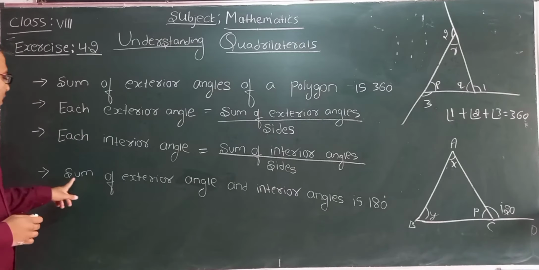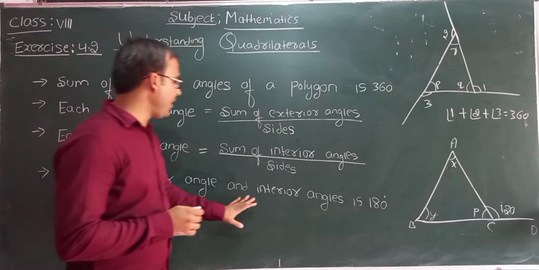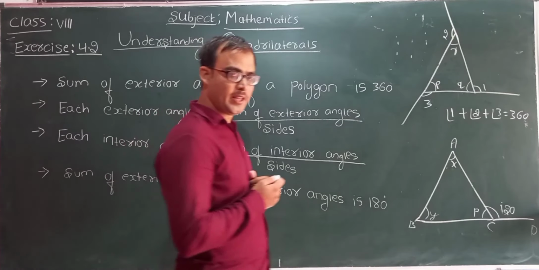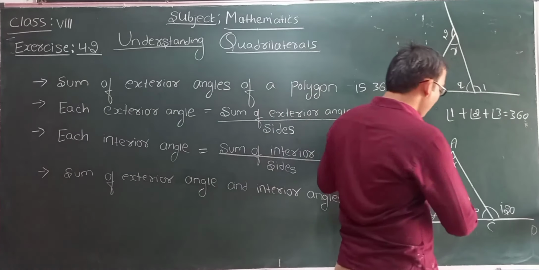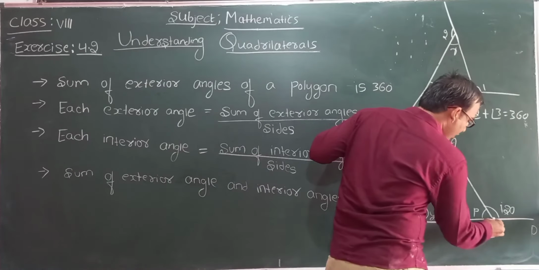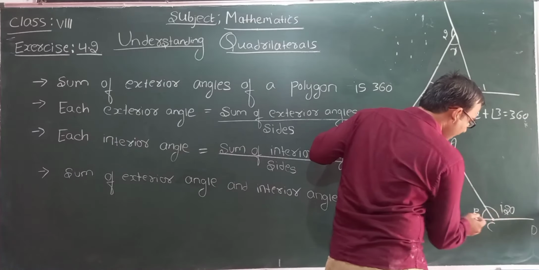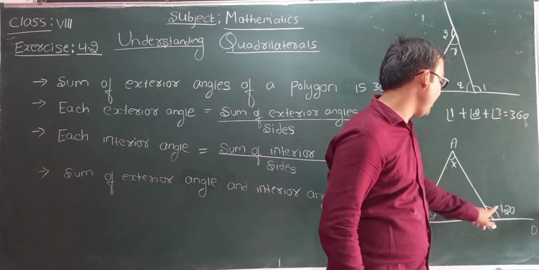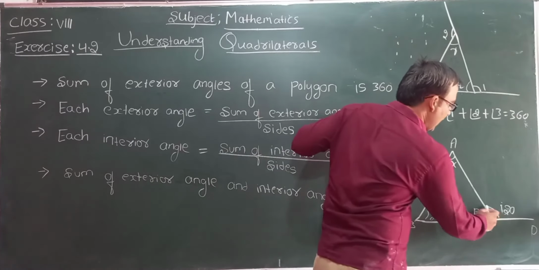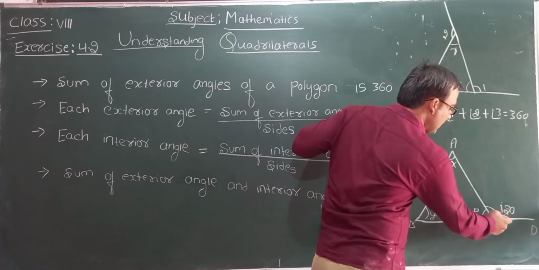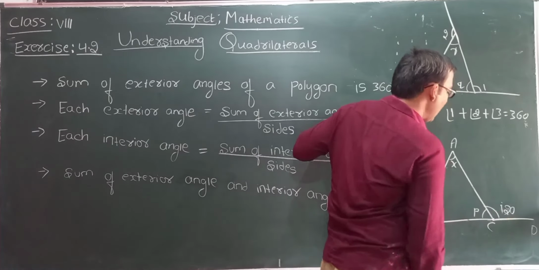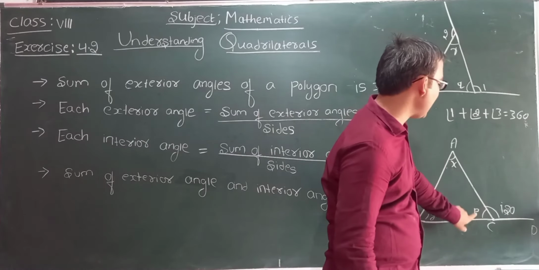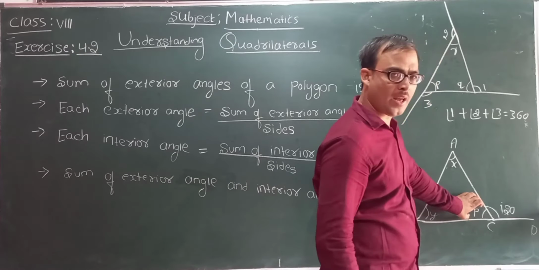Now look here, the sum of an exterior angle and its interior angle is 180 degrees. At this point two angles are forming, 120 and angle P. The 120 degree angle is the exterior angle, and angle P is the interior angle.